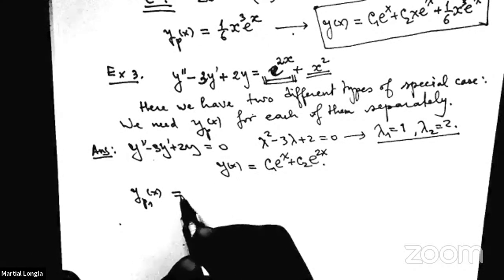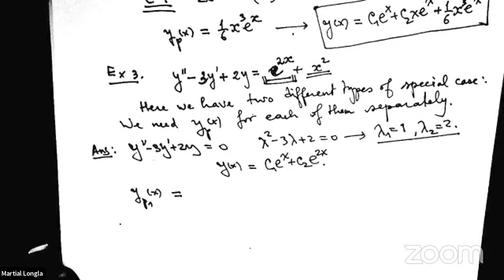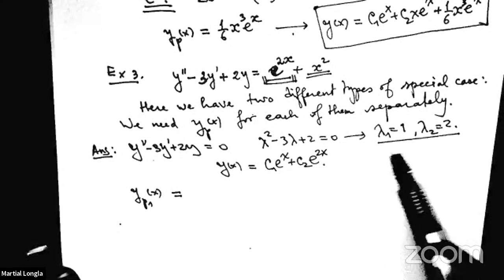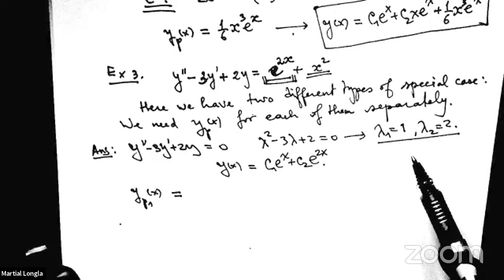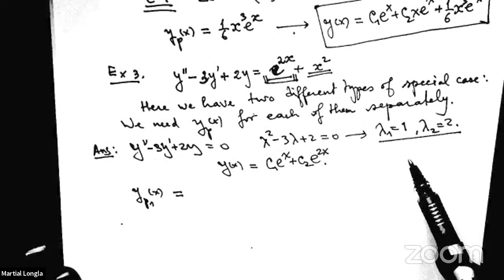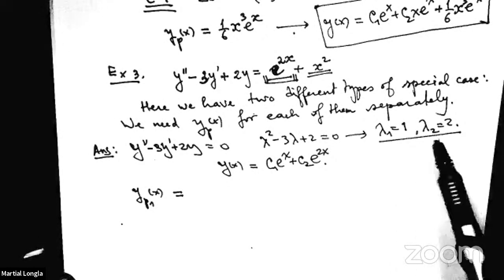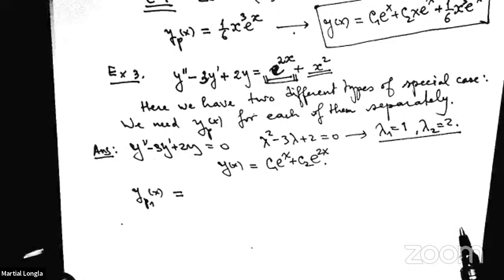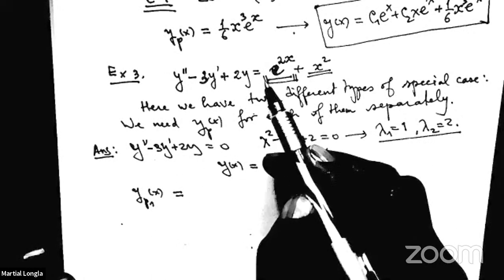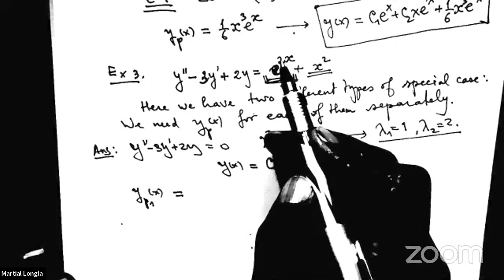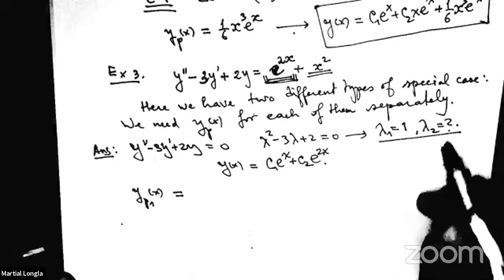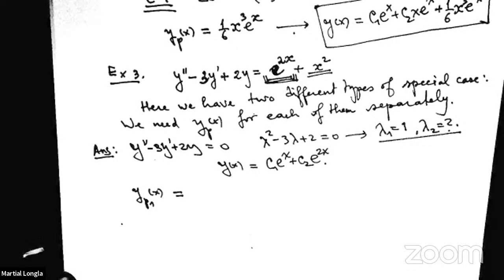And I check, is alpha a solution of the homogeneous problem? Yes, for this case, alpha is 2 and it is a solution. How many times is it a solution? Once. So it's only 1.